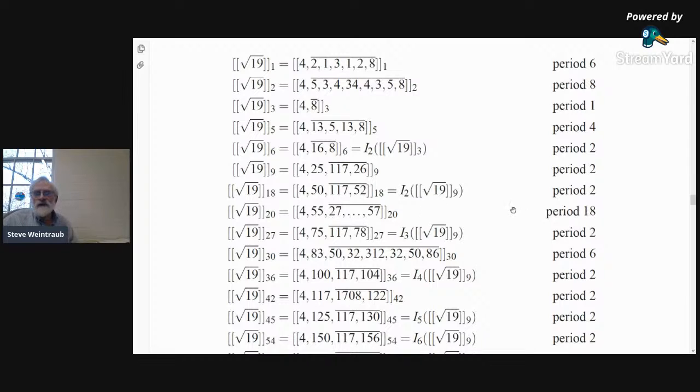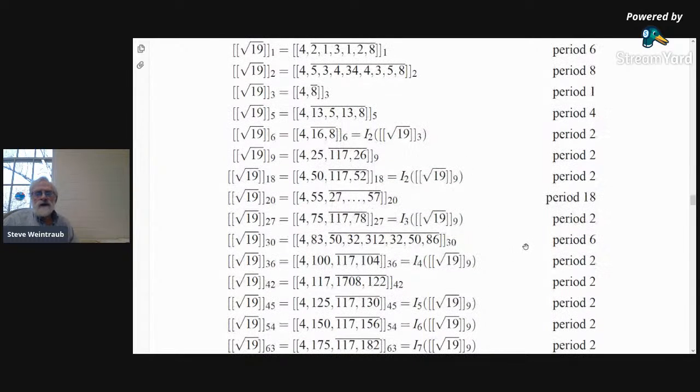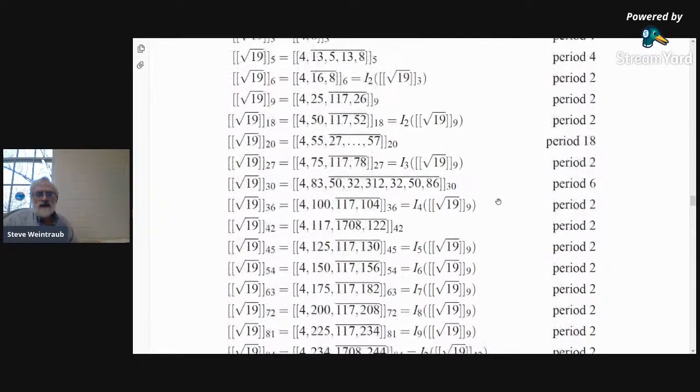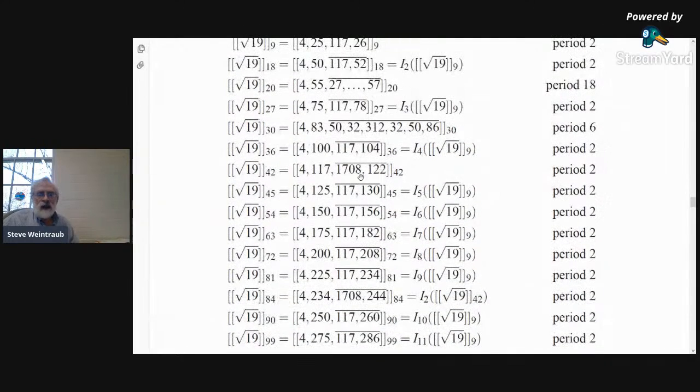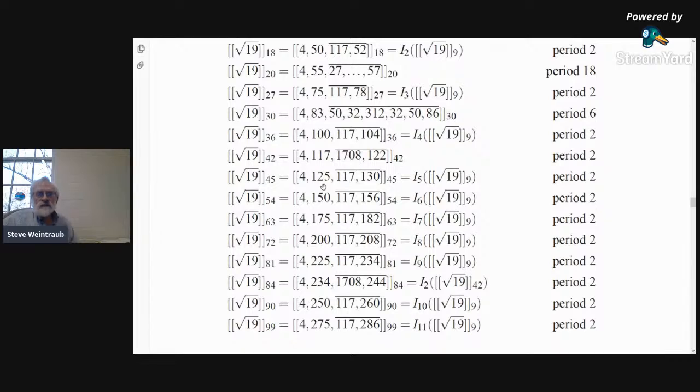I just didn't write down all these 18 numbers because they don't fit on the line, but we computed them. Numerator 27, period 2 starting with a2. Numerator 30 is period 6 starting with a2, etc. In fact, here's another one with 42, period 2 starting with a2, and then everybody else here turns out to be inflation, either from 9 or from 42.